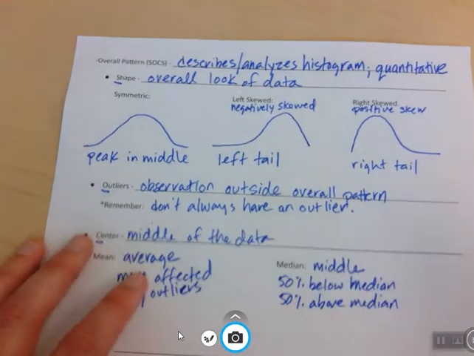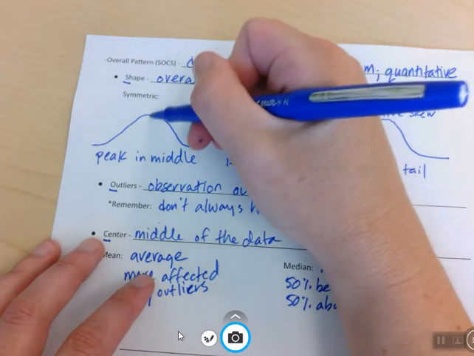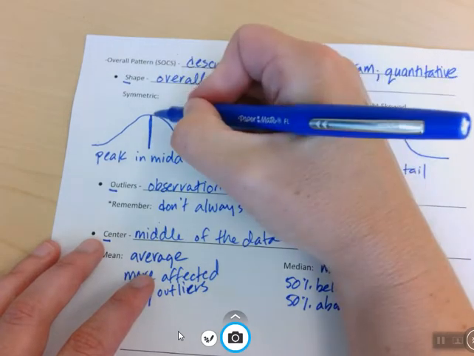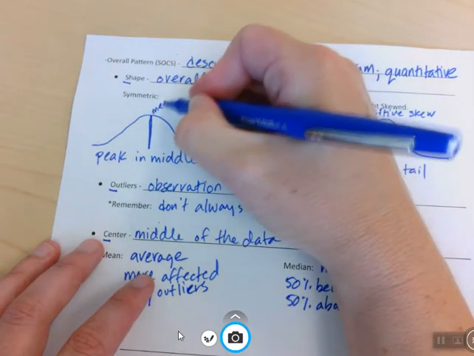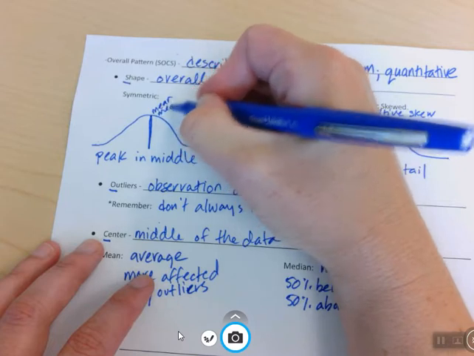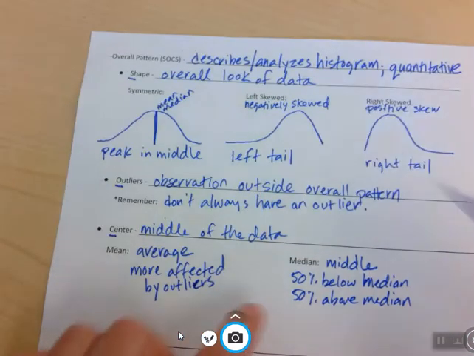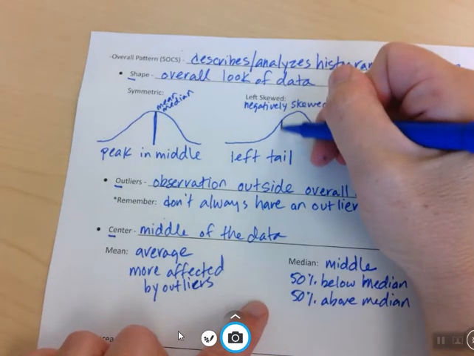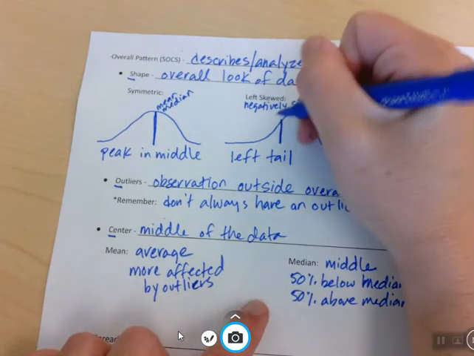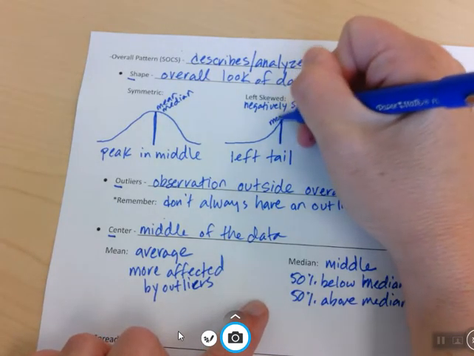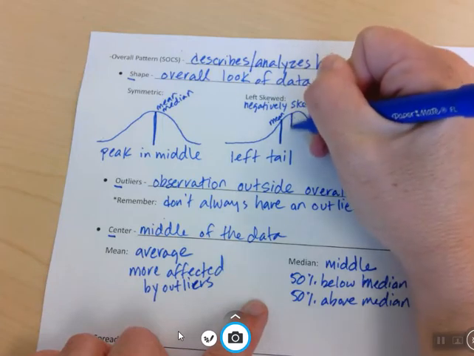So when you have a symmetric, your mean and your median are both in the middle. But when you have a skew, that skew pulls the mean more than it pulls the median. So your mean is pulled over a little bit. Your median is also pulled over, but not as much.